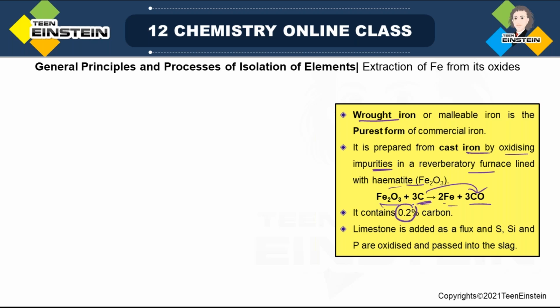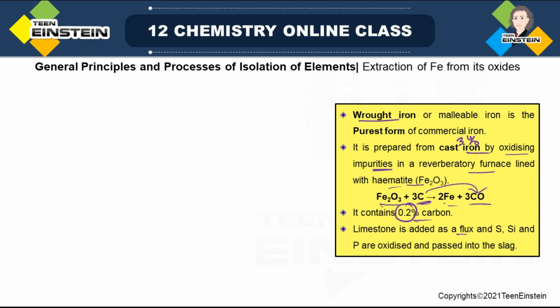Now the carbon content is further reduced. Remember, in the last slide we saw the carbon content in cast iron is 3%, but now it is reduced to 0.2%. So it is the purest form because it is almost 99.9% pure. First there is pig iron, after that cast iron, and finally wrought iron.